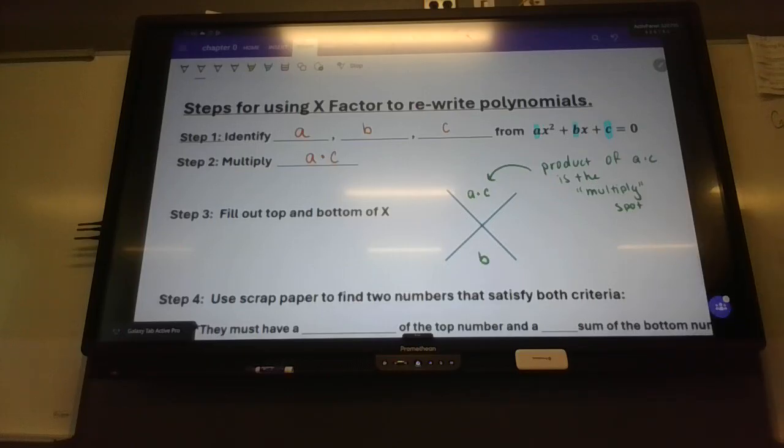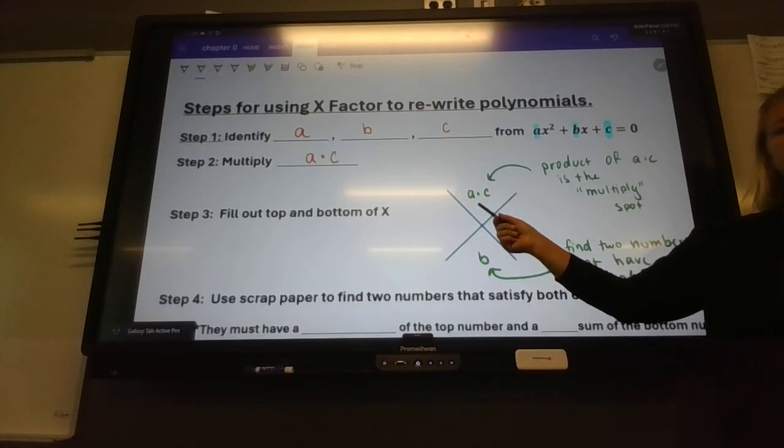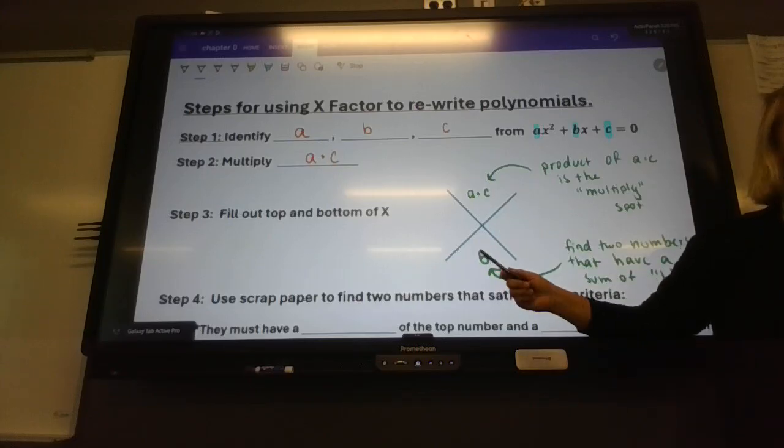The bottom is B. So just now we were finding numbers that would multiply to the top and add to the bottom.